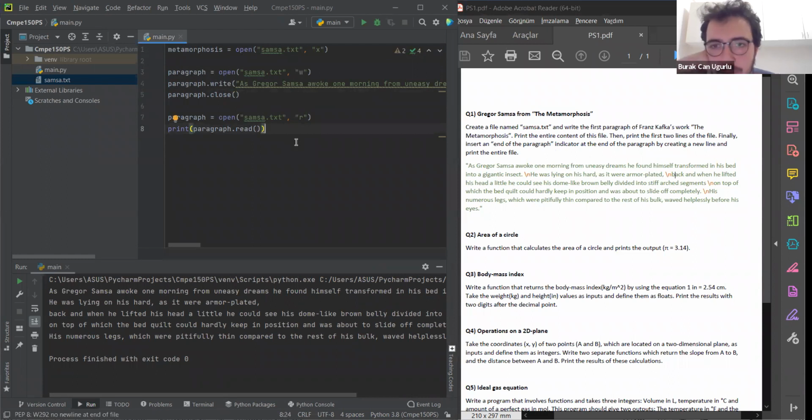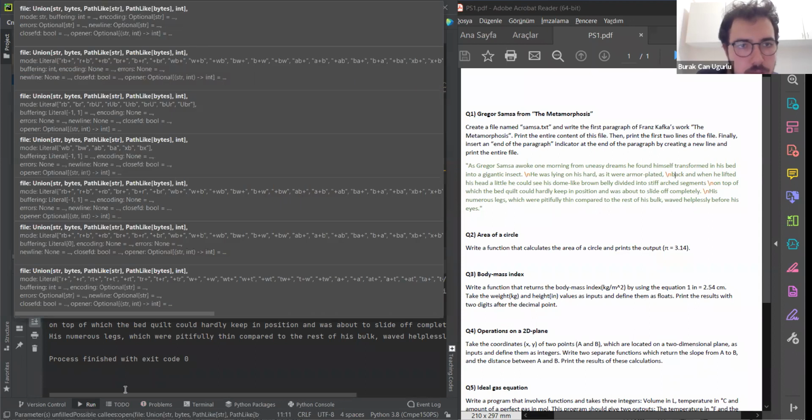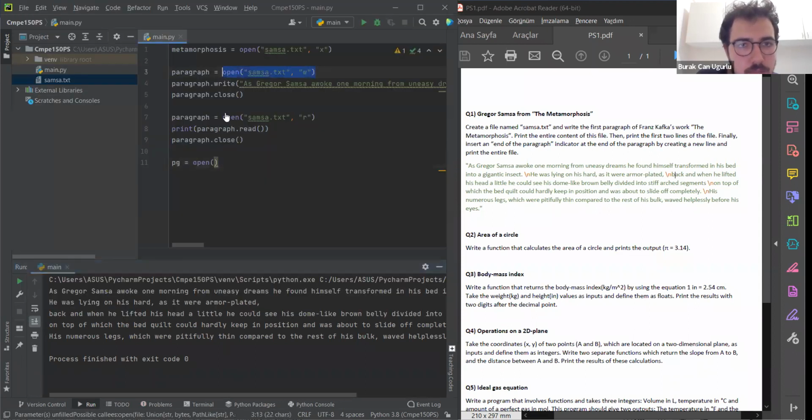We should also print the first two lines of this file. I am closing the file here, and I will reopen it. Sorry, I am again writing this as read-only, and this opens the file as read-only.